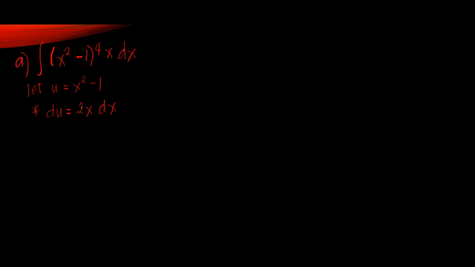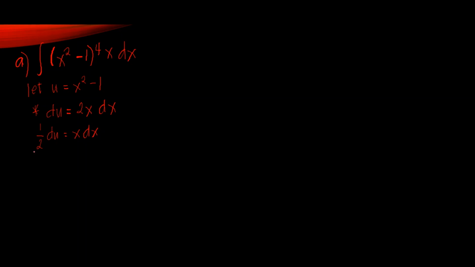Ang gagawin natin dito is i-divide natin both sides by 2 so that matitira dito sa right side natin is x dx. Okay? So, when we divide both sides by 2, we get 1/2 du equal to x dx.